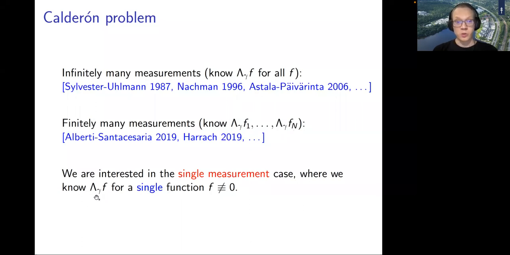So we know the electrical current Lambda gamma f only for a single function f. And of course, this may not work for any function f. For instance, if f is identically 0, then you are not going to get any information about the conductivity. So you might want to look at some well-chosen single measurements f, or Dirichlet data f, or you could ask what can you determine if you have an arbitrary Dirichlet data f which is not identically 0.